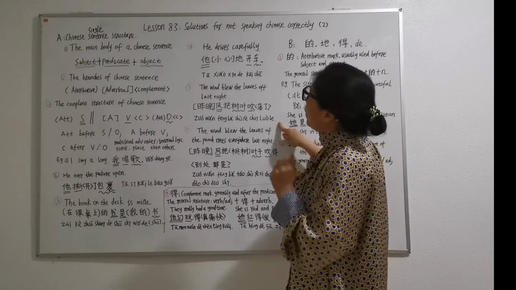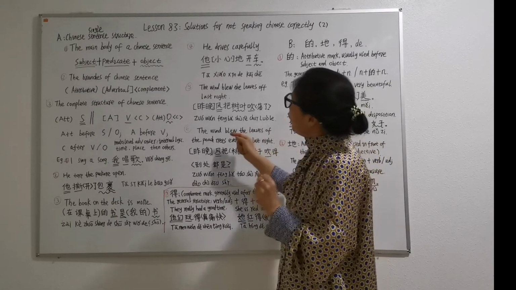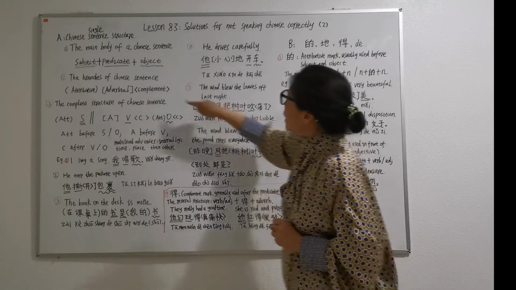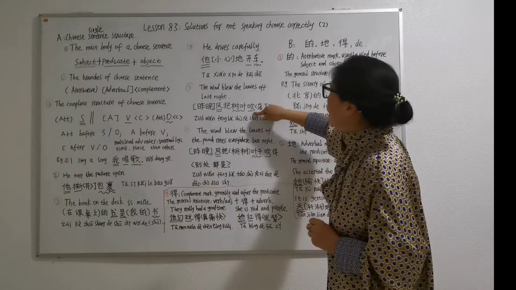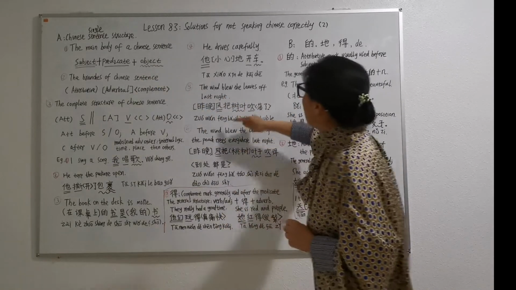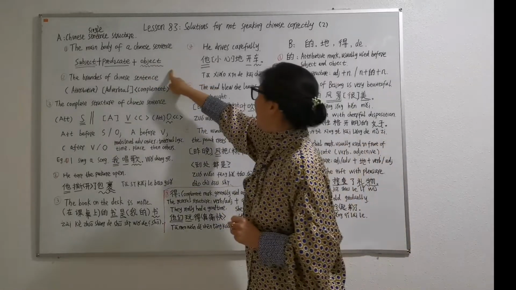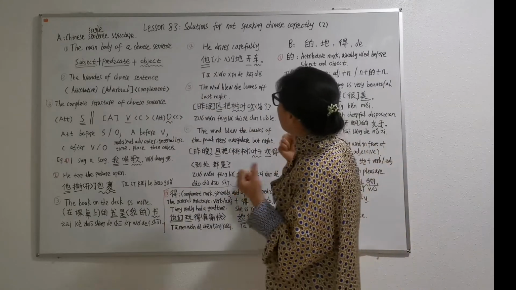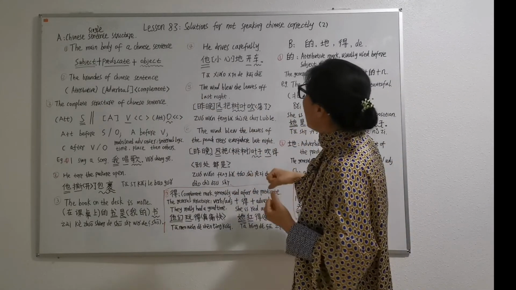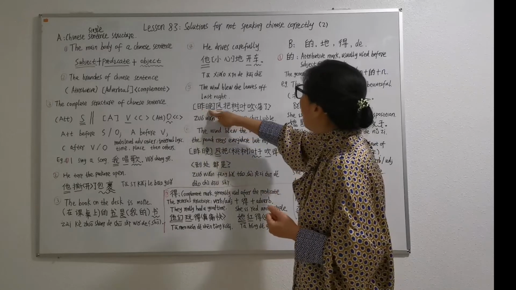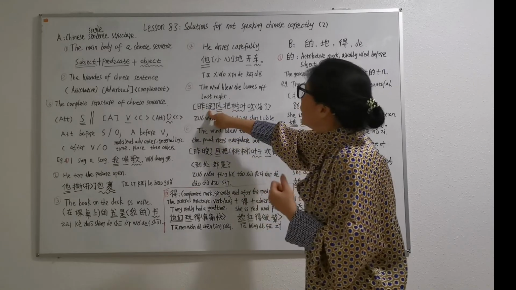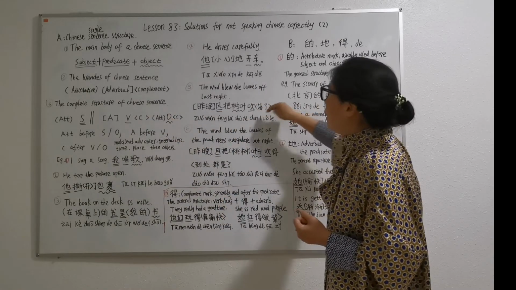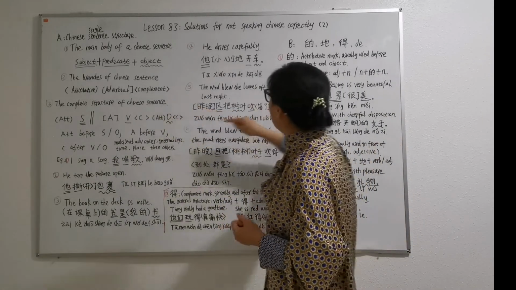The same way, check the main body of this sentence first. 风 subject, 吹 predicate, 树叶 object. And we check if we have other elements. Yes, 昨晚 is an adverbial. 落了 is a complement.